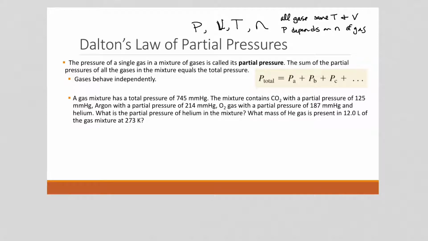So if I have 60% of a gas and 40% of another, then 60% of the pressure is going to come from that one gas and 40% of the pressure from the other. So in terms of the pressure, the gases behave independently.